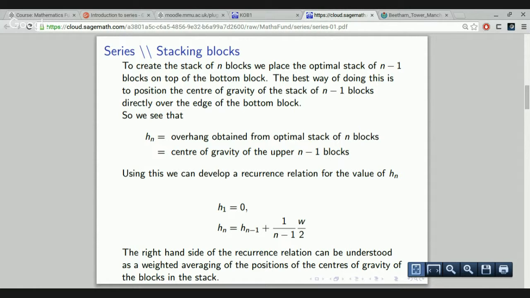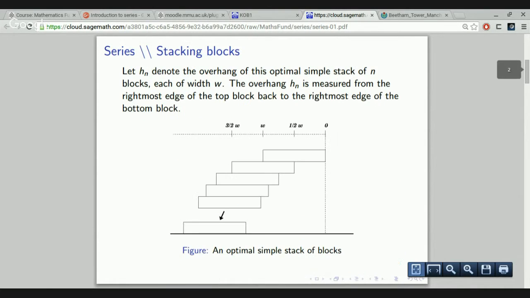So you get this equivalence: the overhang obtained from stacking n blocks in total is equal to the location of the center of gravity of the upper n-1 blocks. So this group of upper n-1 blocks that I'm about to add to this new block at the bottom, its center of gravity is located somewhere about here, horizontally, as measured from position 0 at the right.